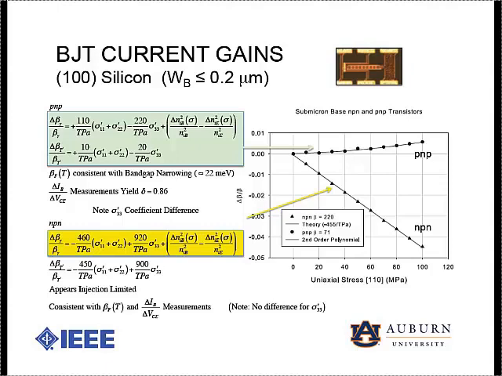So we've gone through and measured the temperature coefficient, and it's consistent with band gap narrowing at about 22 millielectron volts. And we've also measured the change in base current with collector emitter voltage, and that shows variation that gives a delta of 86%. So 86% of the base current's from back injection, and about 14% is from transport loss.